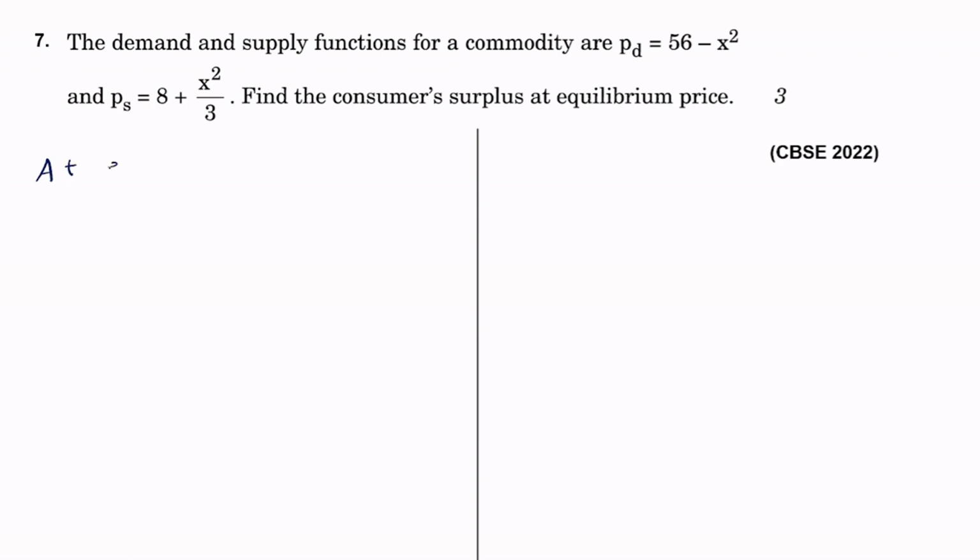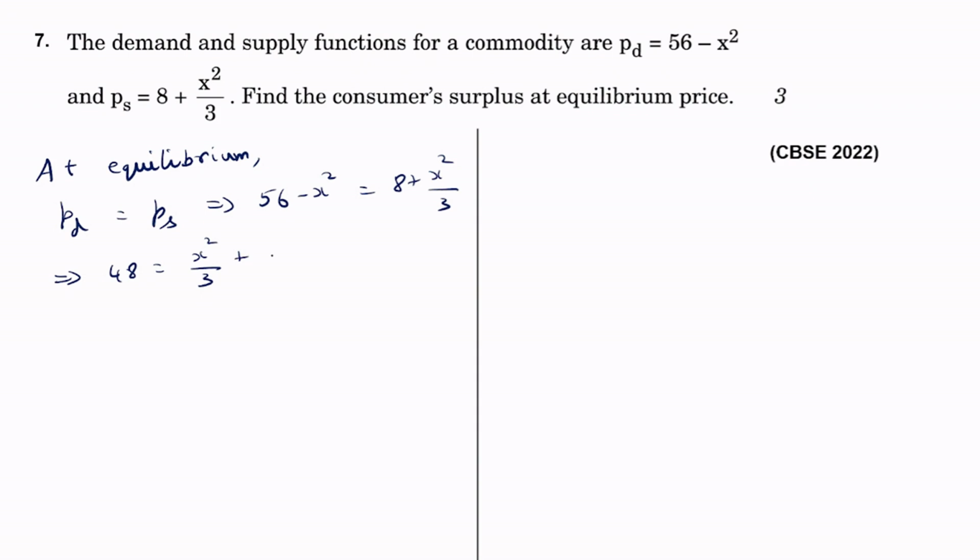At equilibrium, PD equal to PS. This implies 56 minus x square equal to 8 plus x square by 3, or 48 equal to x square by 3 plus x square. When we take LCM, we get 4x square by 3.